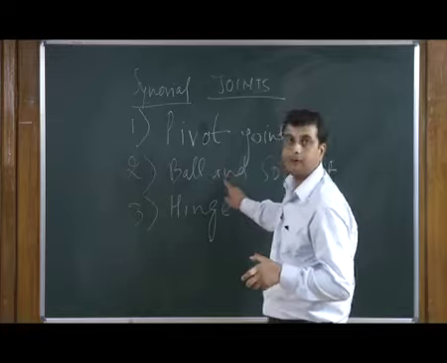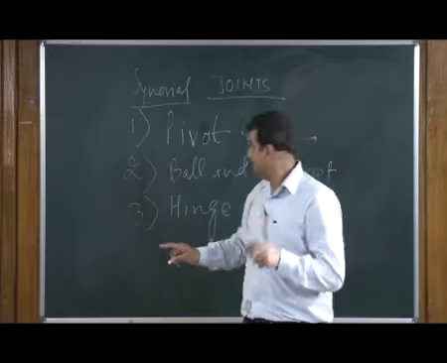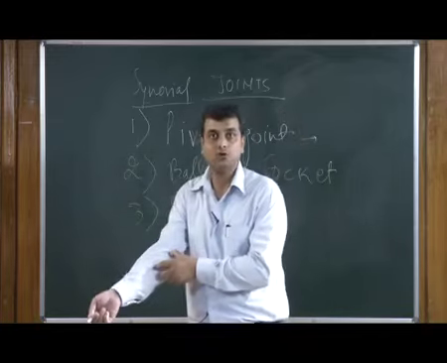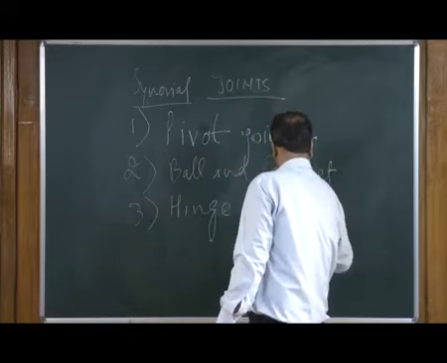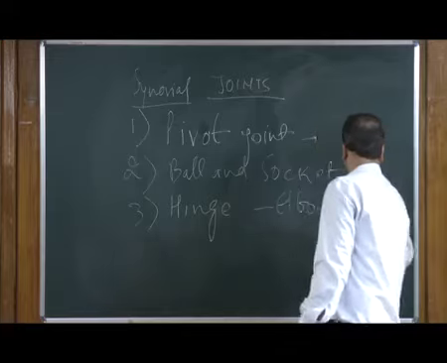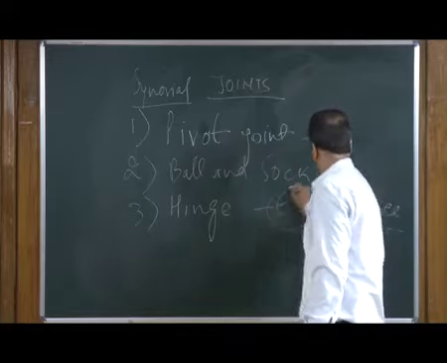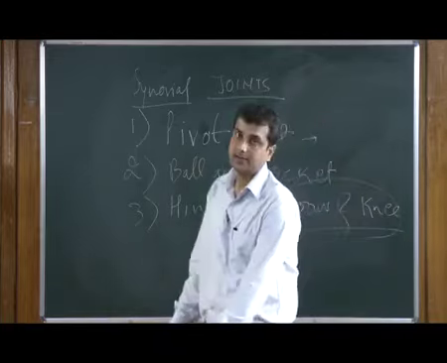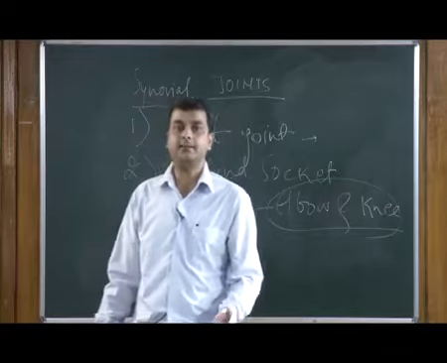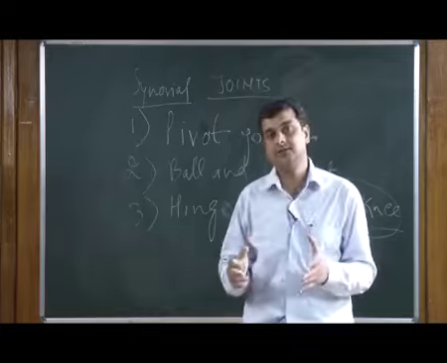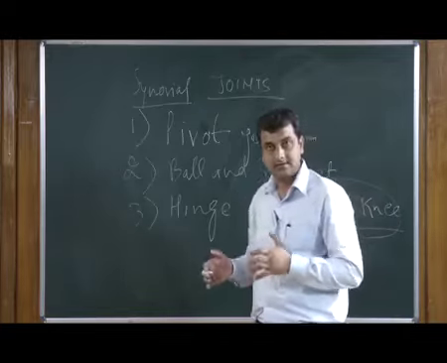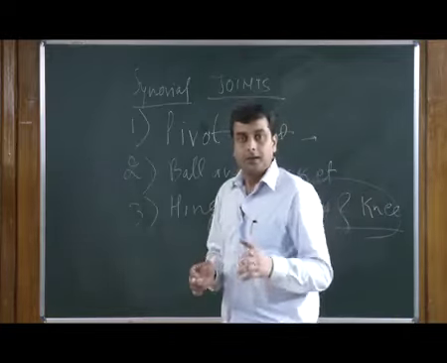These two are examples of ball and socket, while for hinge joints, the best examples are the elbow joint and the knee joint. These are the two hinge joints in our body. There are many other examples also. I am just giving the best possible match for these three joints as such.